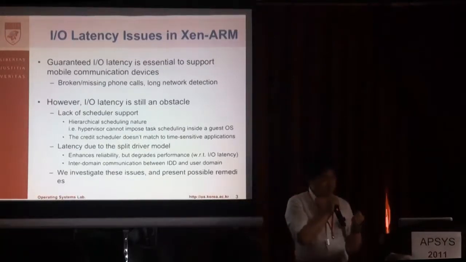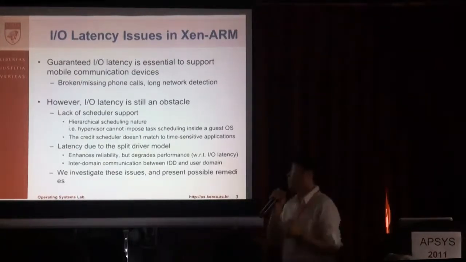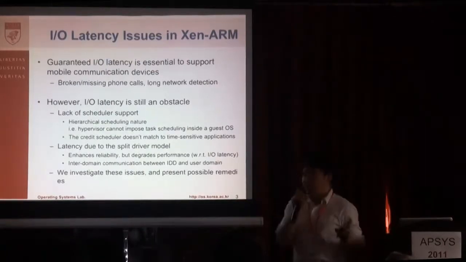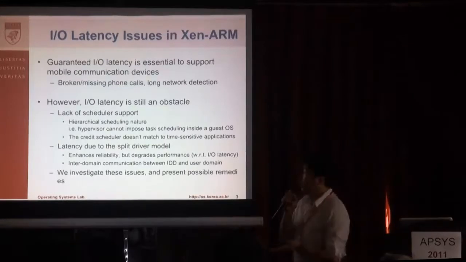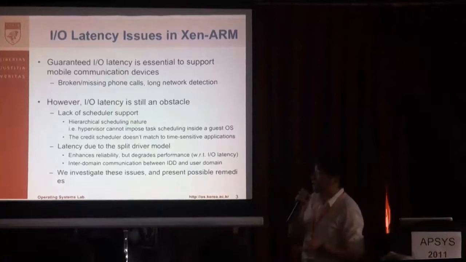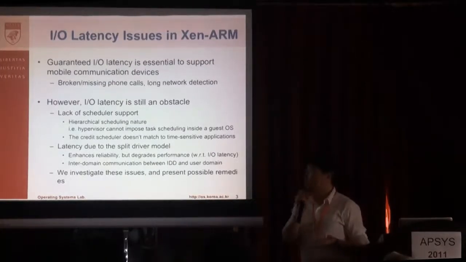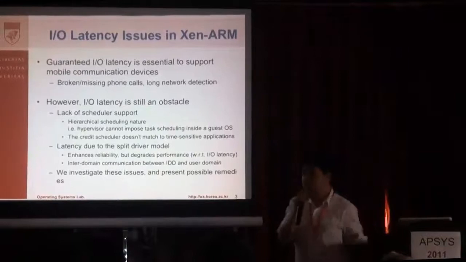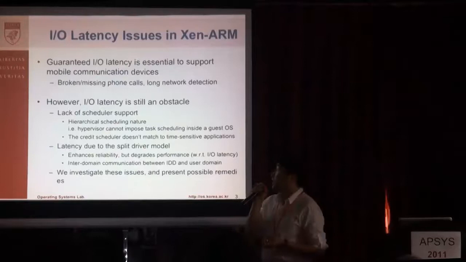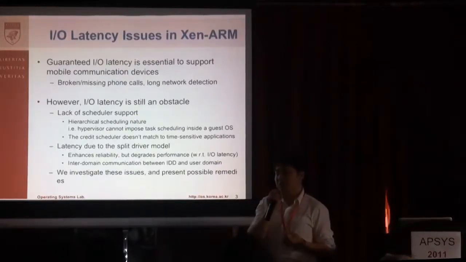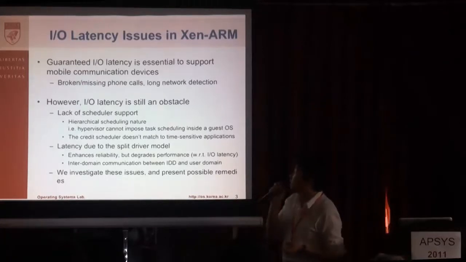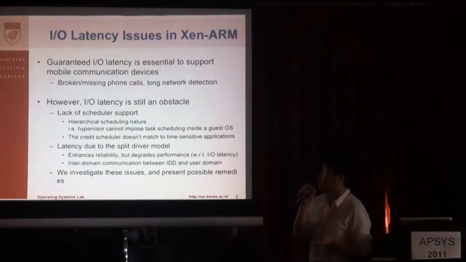The I/O latency issue is very important in mobile communication systems because if the I/O latencies are not guaranteed, then your phone call may be missed or dropped, and your network connection will be lost or take a long time to detect your network. Unfortunately, current Xenon's I/O latency is not good enough to sufficiently surpass the commercial networks.